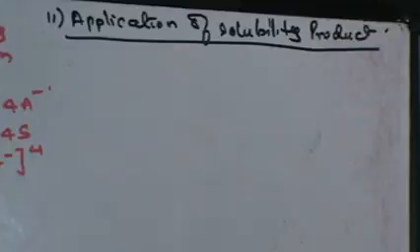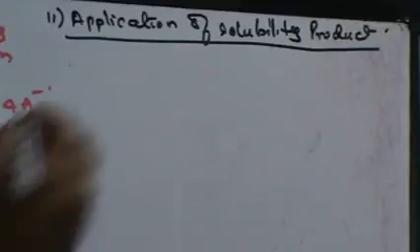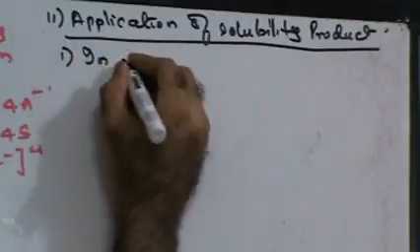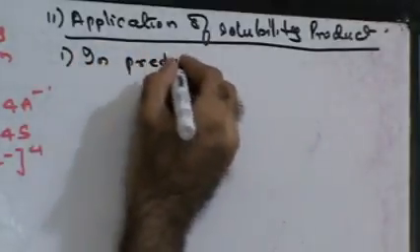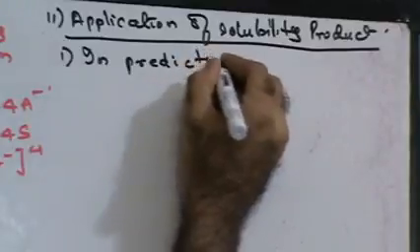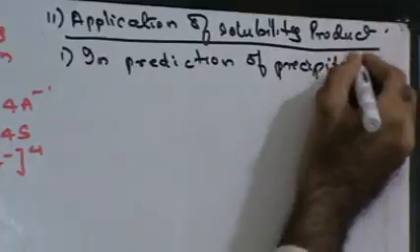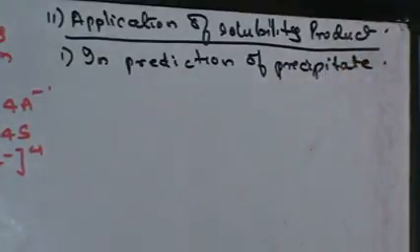First, since we have defined this, the first application is in prediction of precipitate. If the ionic product is more than the solubility product, then before the reaction only you can predict what will be the precipitate and how much precipitate will be formed. That is the first application of solubility product.